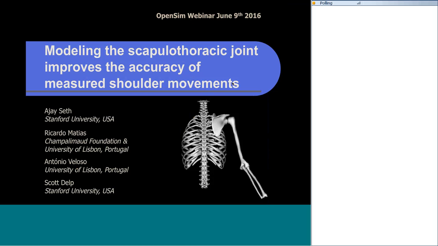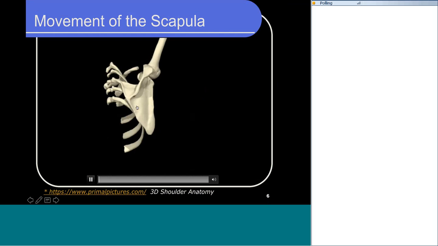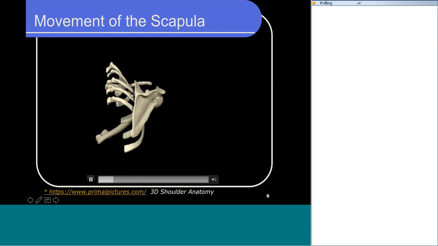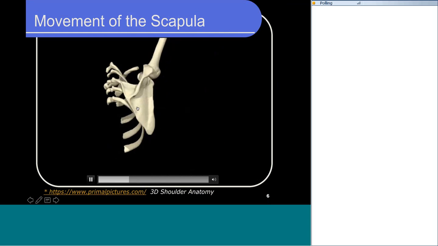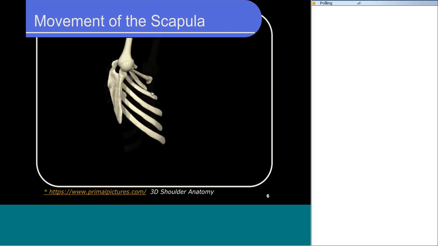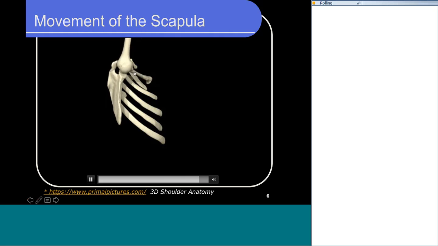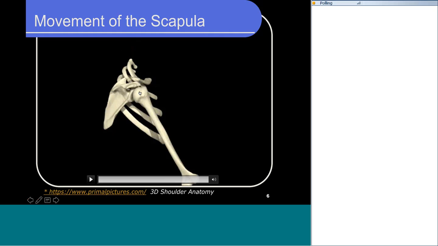That might be handy. Okay, so first off, what is scapula motion? For those who might not be familiar, what's the scapula? The scapula is this flat triangular bone on your back that rides on your rib cage, and it has some interesting features in that it has a connection to the thorax via the clavicle here, the skinny collarbone, and then it has the big glenohumeral joint.